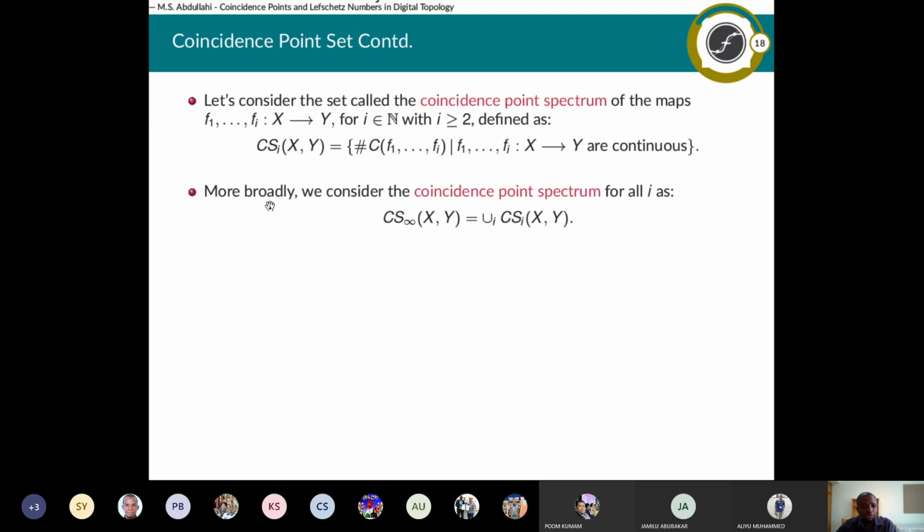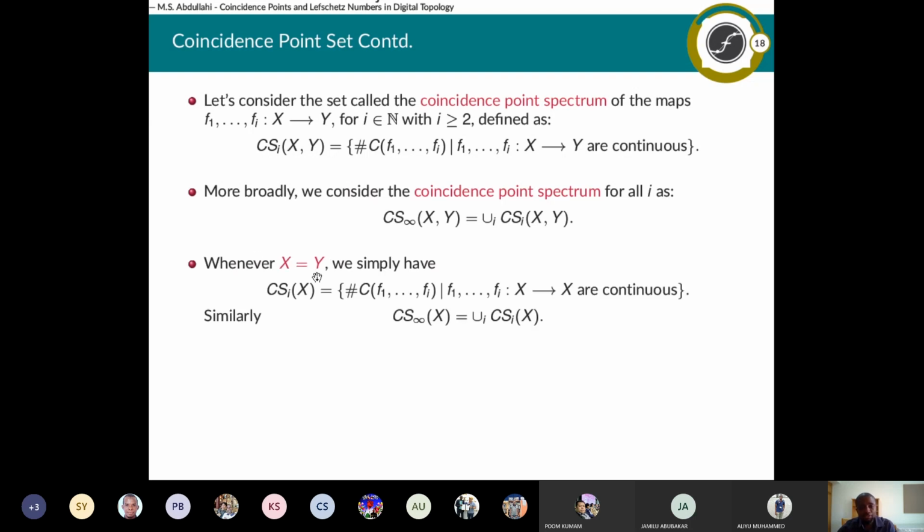More broadly, we gather all those numbers, take their union, and call it CS infinity of X, Y. As a special case, when X is the same as Y, instead of CSi X,Y we simply call it CSi X. Similarly, we define the collective coincidence point spectrum as CS infinity X.